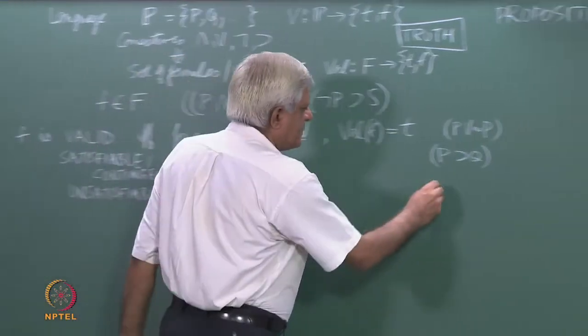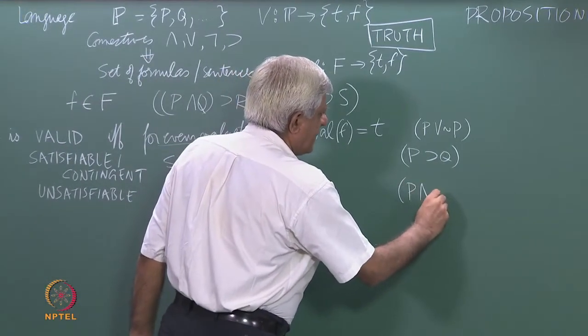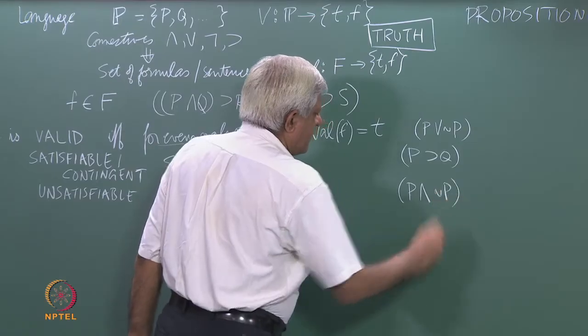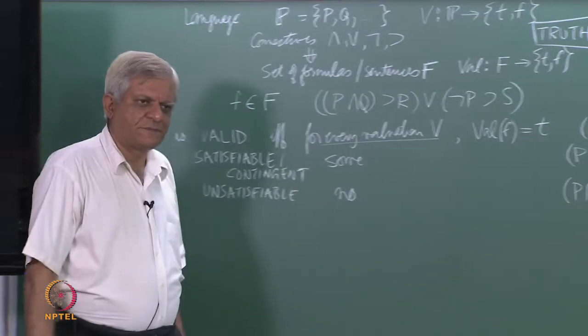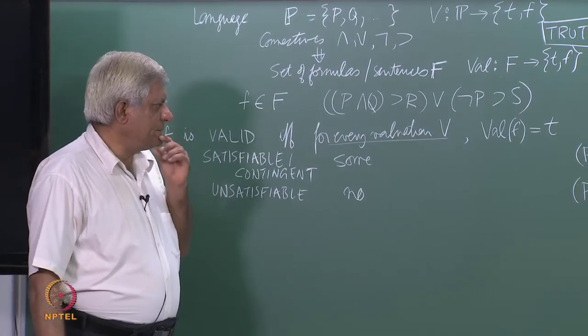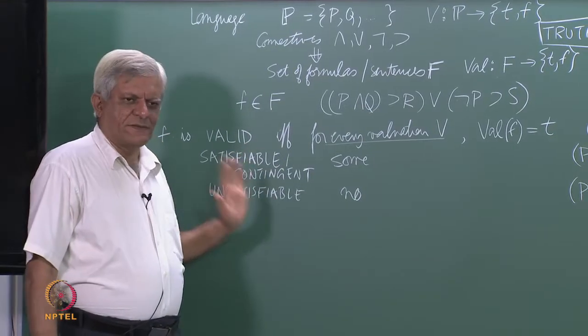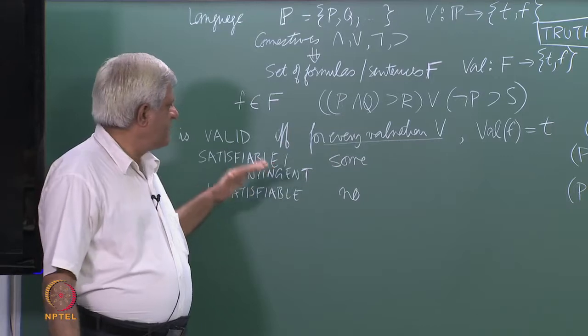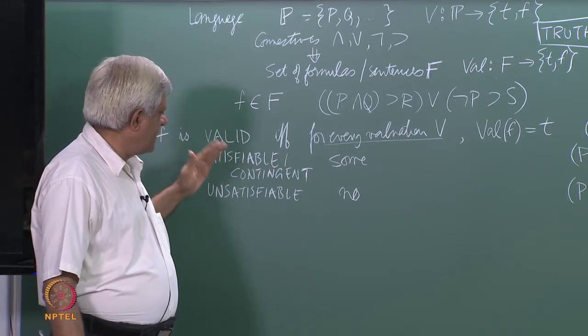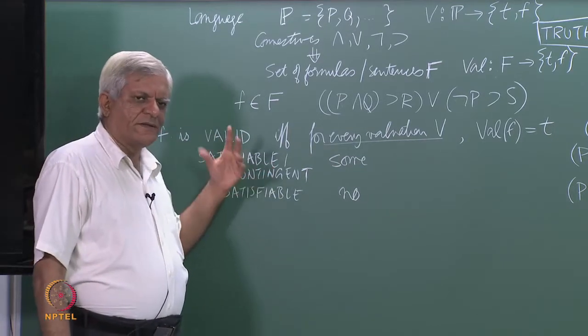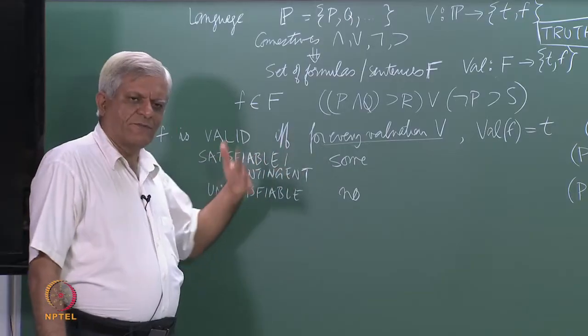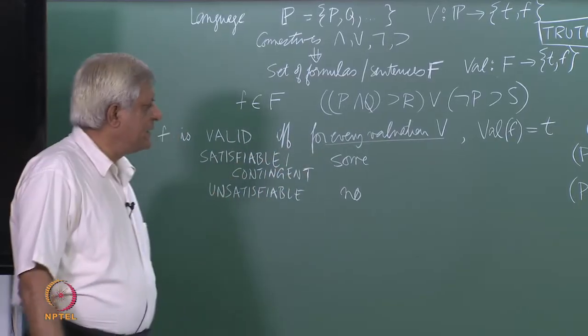An example, as you can imagine, is something like P and not P essentially. So, in general there are 3 kinds of sentences: valid, satisfiable and unsatisfiable, and all the 3 notions are used somewhere or the other, as we will see later essentially.